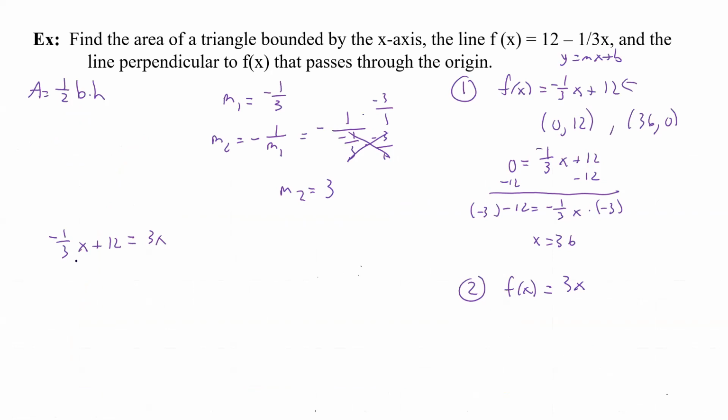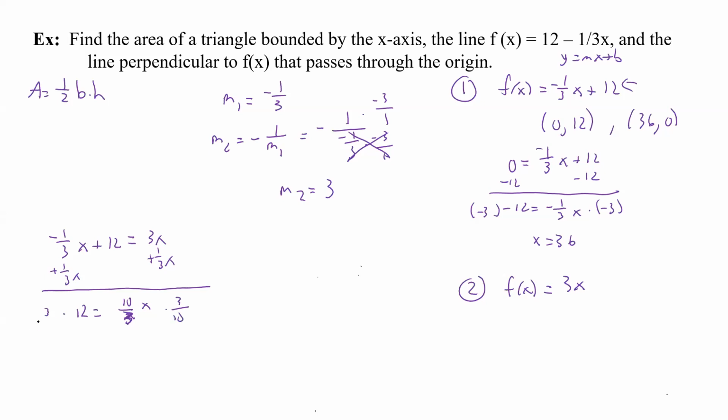All right, so what are we going to do here? Well, let's add 1/3 x to both sides. So 12 is equal to, 3 and 1/3, so that's going to be 10/3 x. Now we want to solve for x, so multiply by 3 over 10.